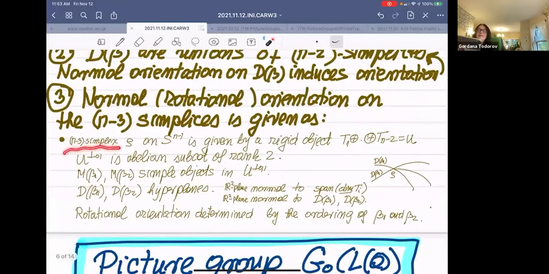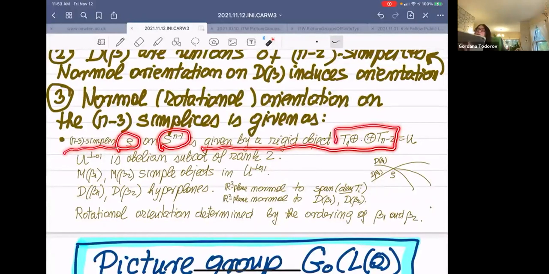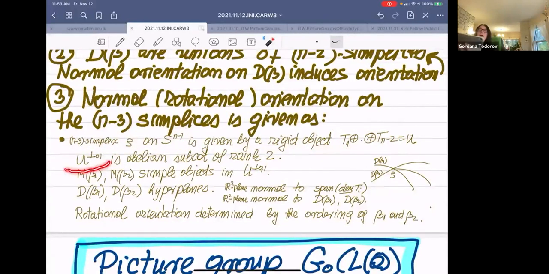An N minus three simplex rho on S^(N-1) is given by a rigid object with N minus two summands. So here's this rigid object, which I call U. If you take the right perp, right Hom U perp, it's an abelian subcategory of rank 2. Since it's an abelian subcategory of rank 2, it has simple objects.